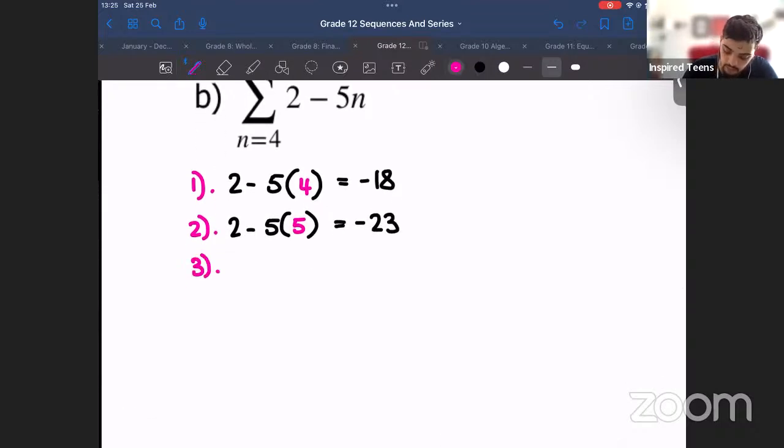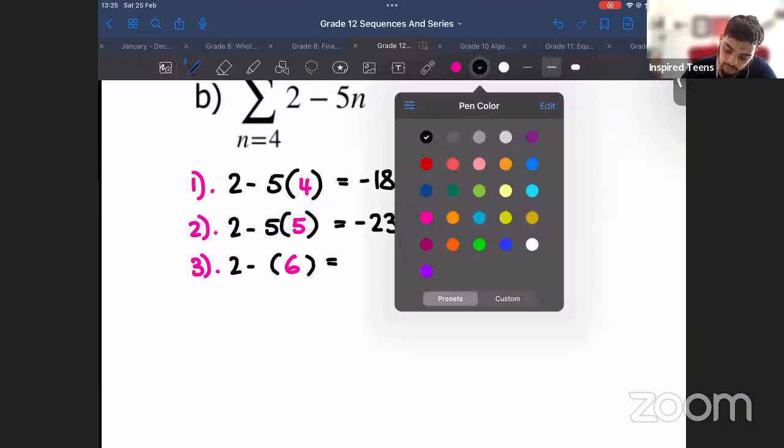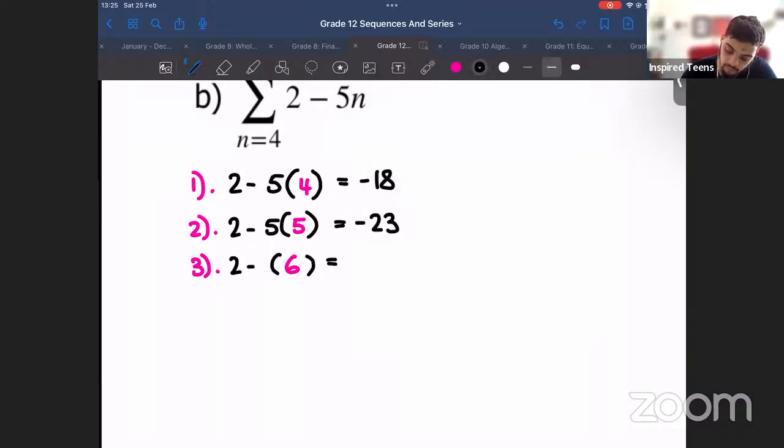Then number 3, okay, we have 2 minus 5 times 6. 5 times 6 is 30, 2 minus 30, negative 28.